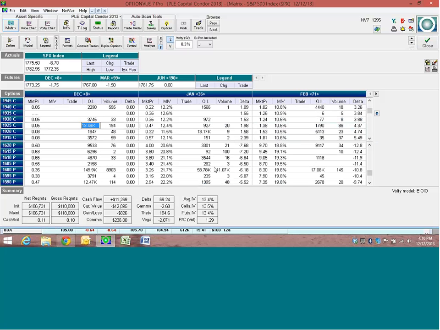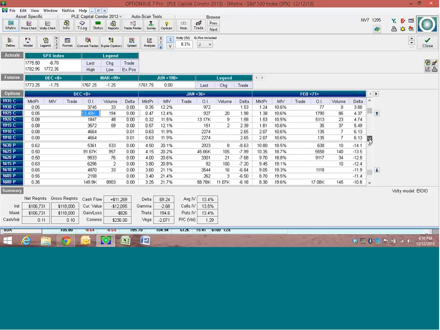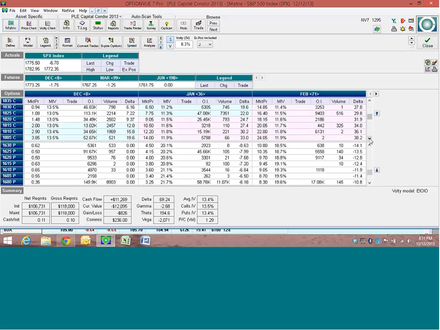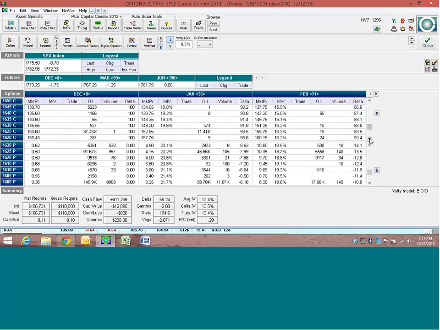If I go down here, I can probably find another trade, hopefully there's a 1625, 1600. Now let's go to the calls and see if we've got a similar volume. I didn't check this ahead of time, so I don't know what I'm going to see. Hopefully I'll see a decent sized number on the call end, and then I'll tell you why I'm doing this.